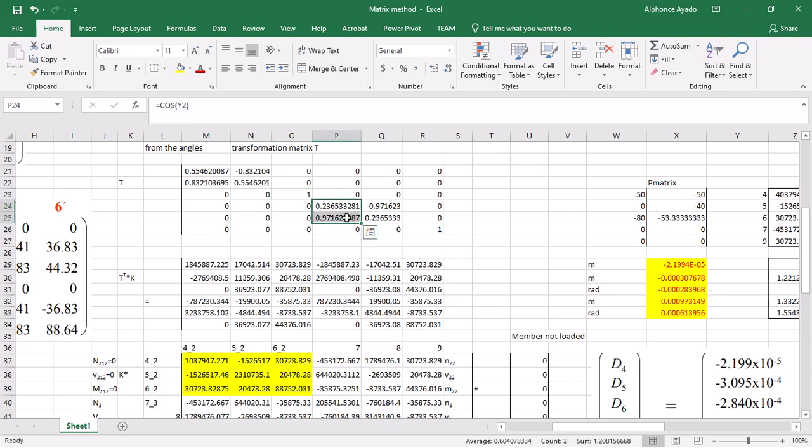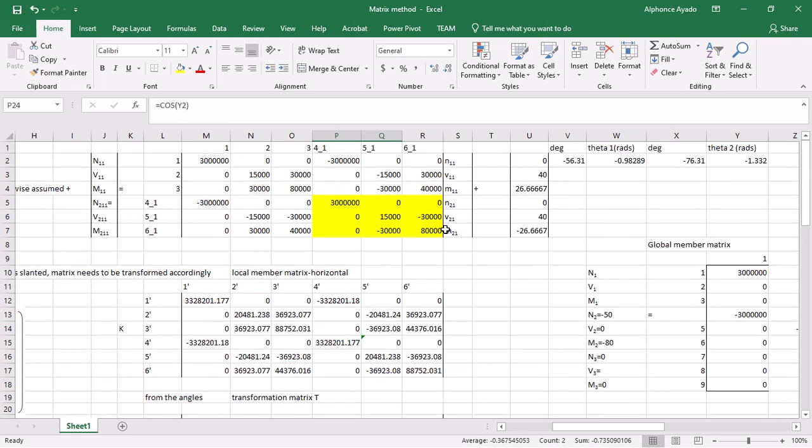This is cos, negative sine. This is also cos, negative sine. But note that the angle here and the angle here are different. Sometimes the angle is the same. If the angle is the same, it's even easier to solve. Once you sort out this, all this is 0. So that's all you need.